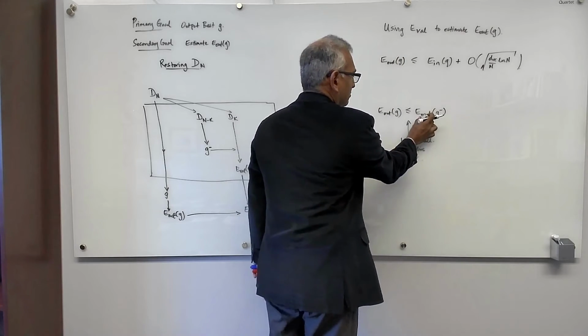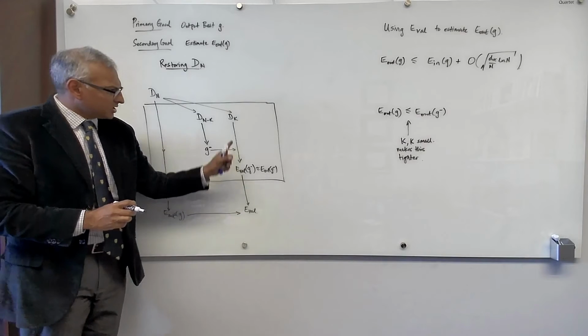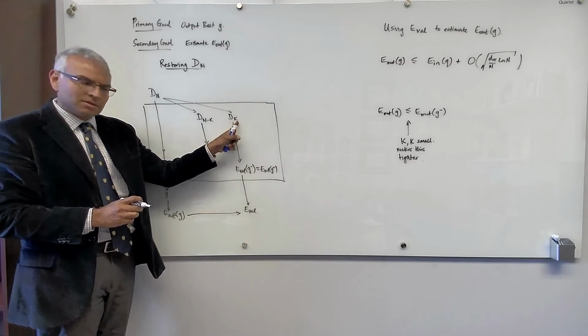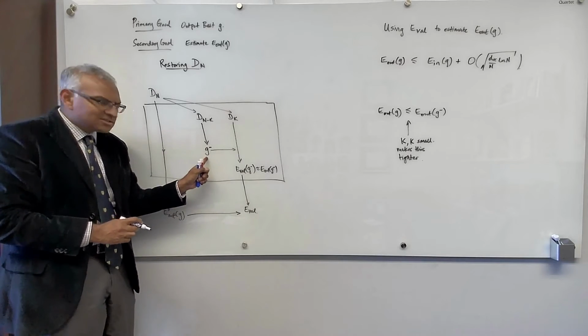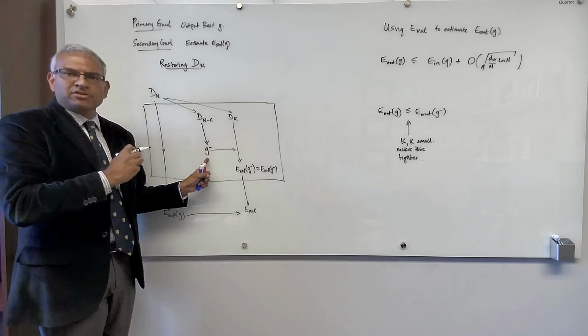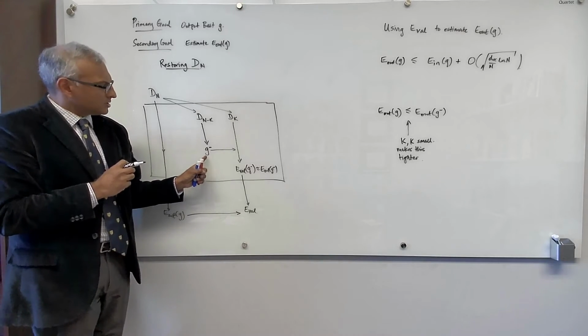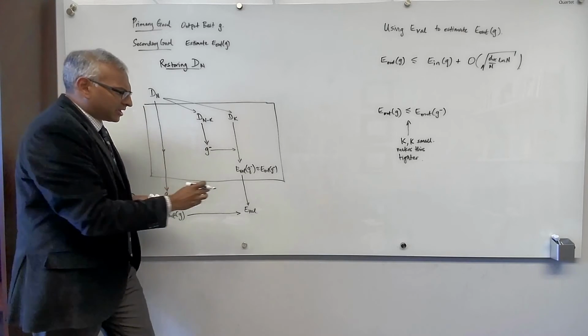But now, what is E out of G minus? We're using the validation error, and the validation error is a K sample estimate of the out of sample error of G minus. But G minus is just a single hypothesis, so we can use the single hypothesis Hoeffding error bar. The validation error is an in-sample error in some sense.